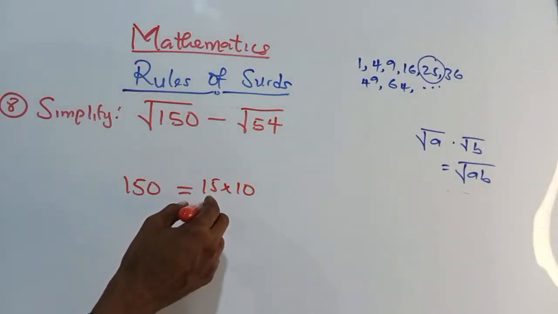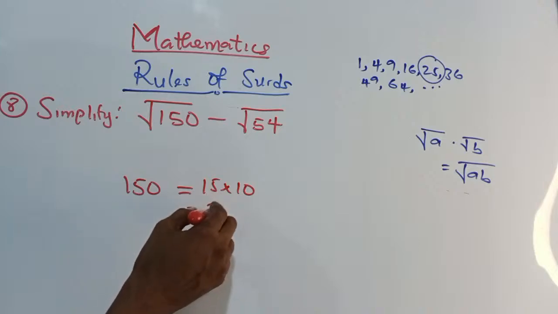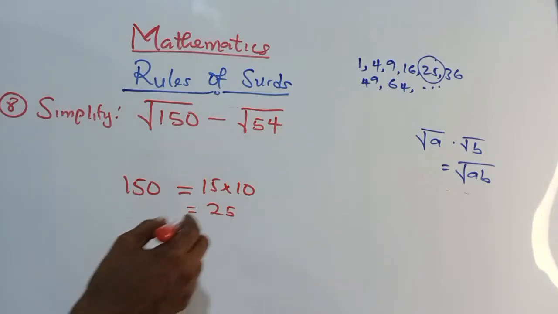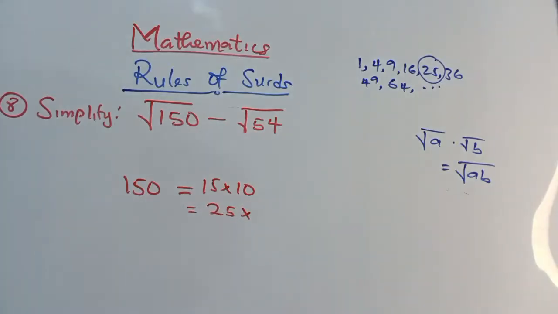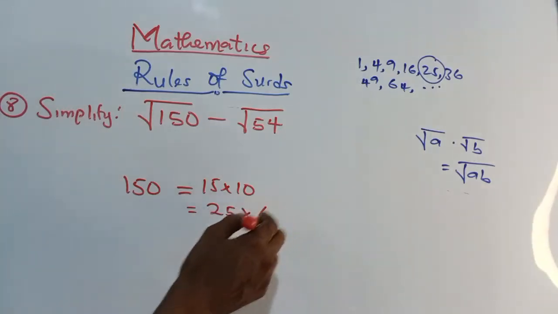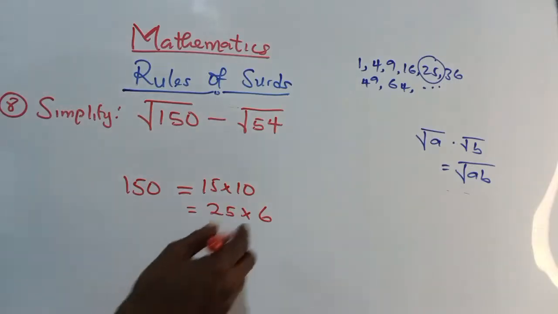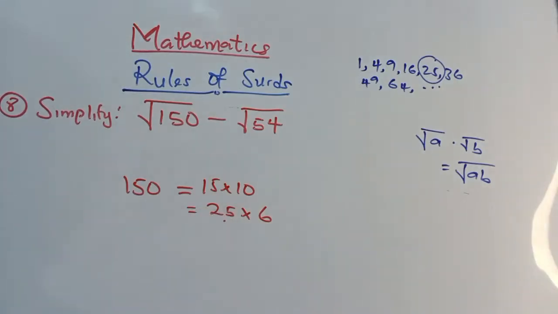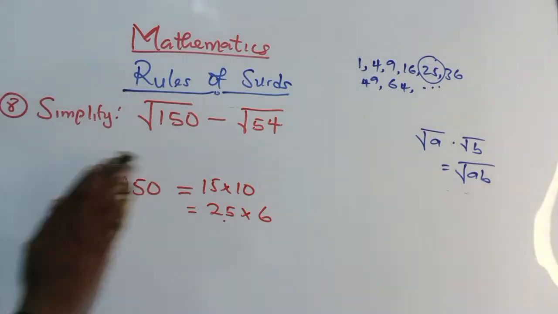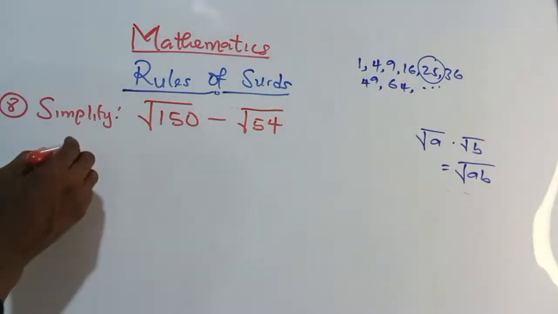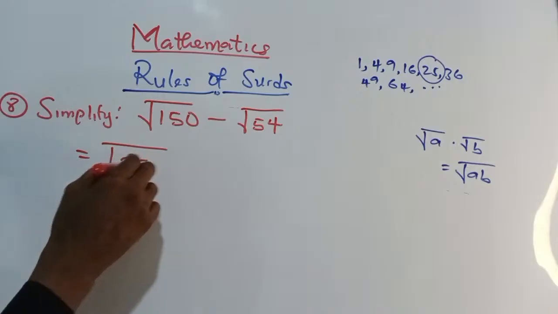Also, we can use 25. 25 times what will give us 150? 25 times 6. Yes, 25 times 6 will give us 150. So we can use 25 times 6 because 25 is a perfect square number.